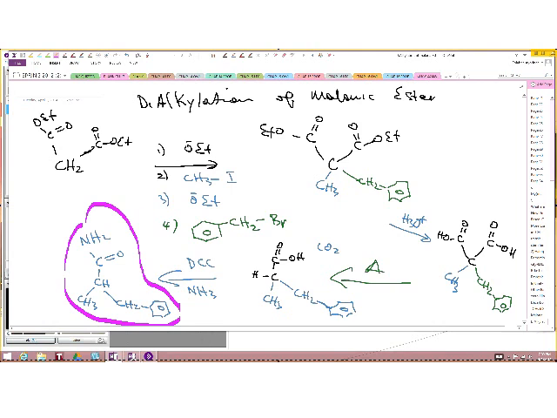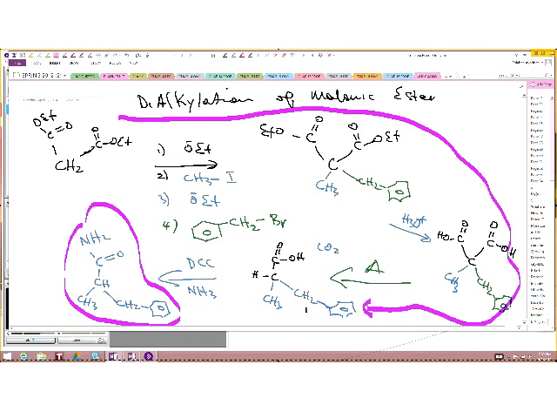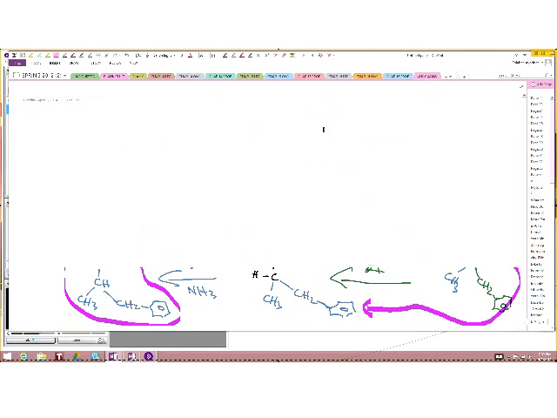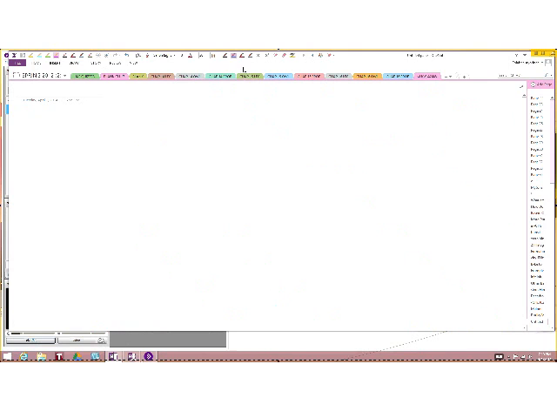So anyway, from here all the way to where you lose your carbon dioxide, that is the end of your malonic ester synthesis. But that does not mean that you could not do something with that product. Now, supposing I ask you to make this molecule for me. How will you make this?